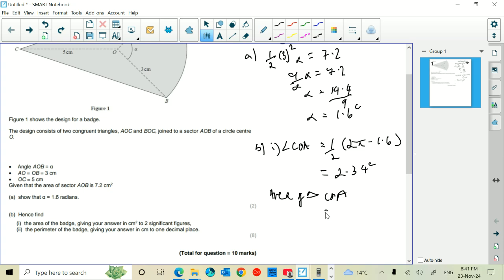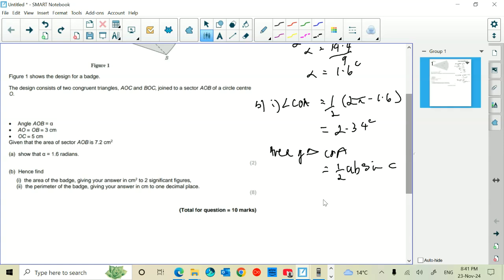The area of triangle COA is equal to a half AB sine C. Substituting the values, that's going to give us a half times 5 times 3, and the sine of 2.34.